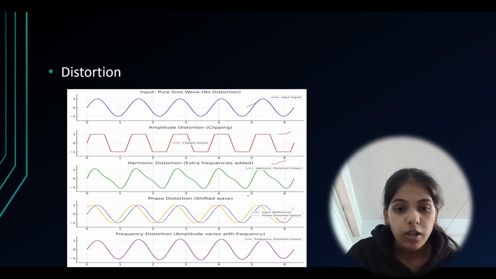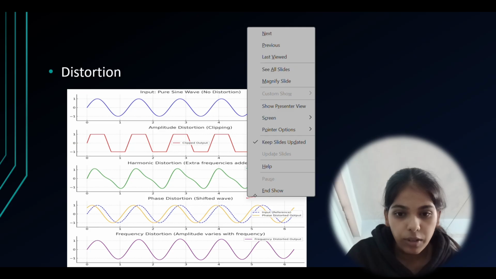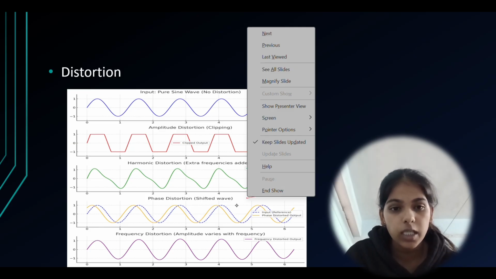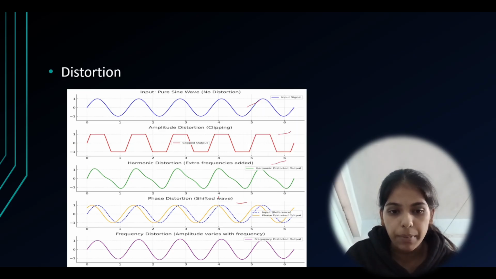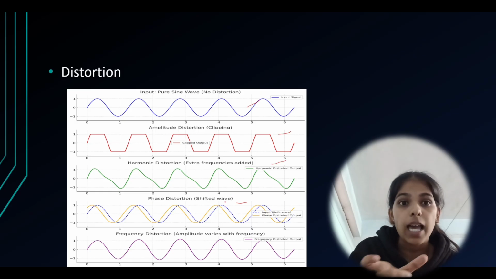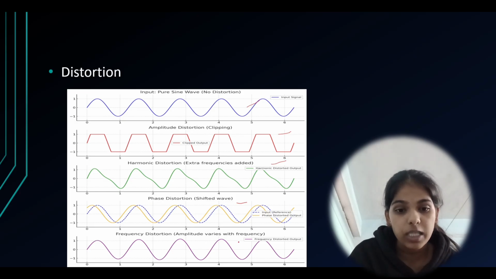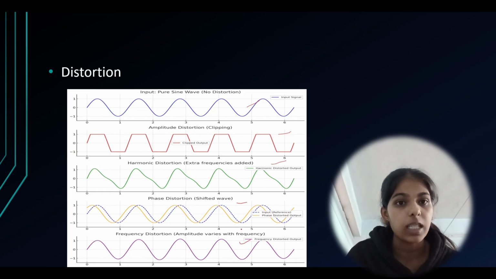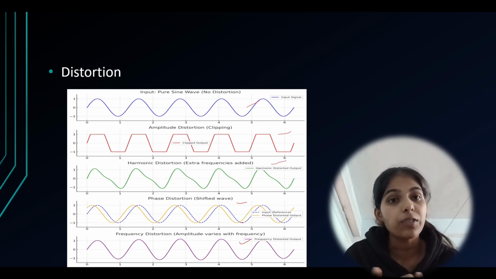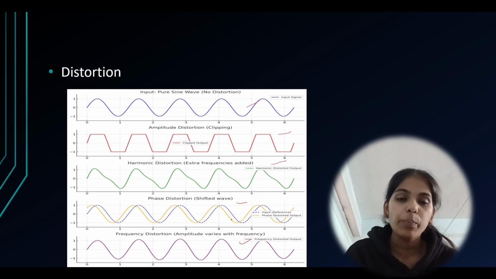In the fourth wave there is phase distortion. Phase distortion means the position of the phase has changed, and in frequency distortion the amplitude varies with frequency. These are the types of distortions. So thank you guys for hearing me.